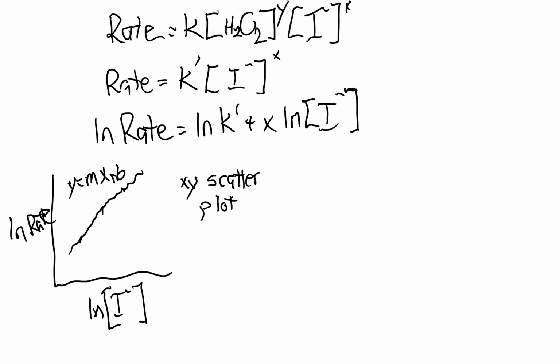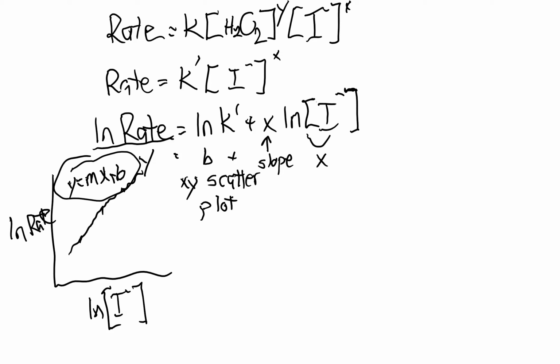Well, in this form, our y value would be the natural log of rate. Our intercept would be the ln of k prime, which is really nothing we need to worry about, but that would be the y-intercept. And the exponent x is our slope, with the natural log of [I minus] being essentially x in this equation over here.